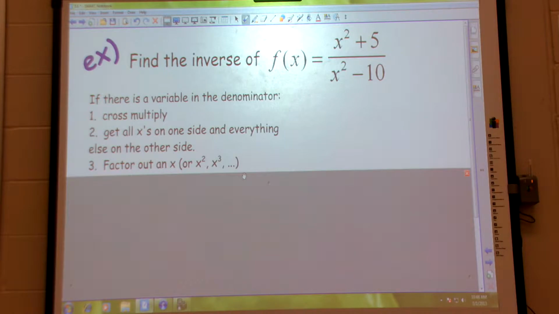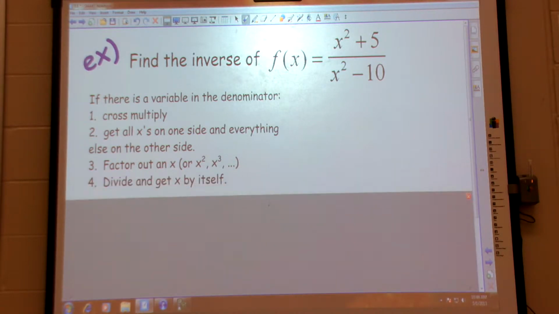Or if it's an x squared or an x cubed or whatever you need to factor out in that problem. Factor out an x. Then what do you do? Well, solve for it by dividing. So divide and get x by itself.